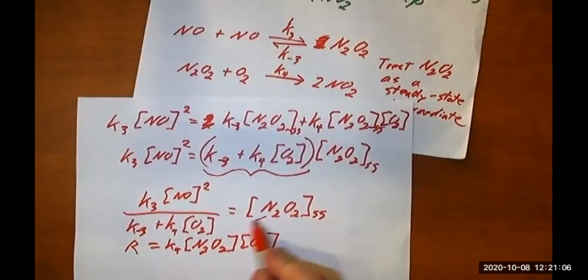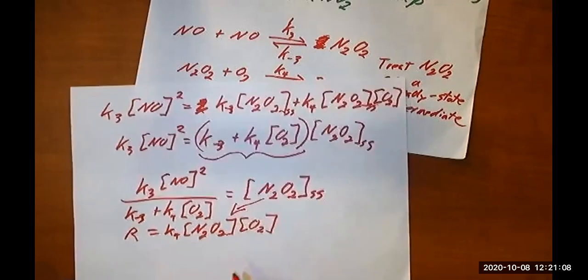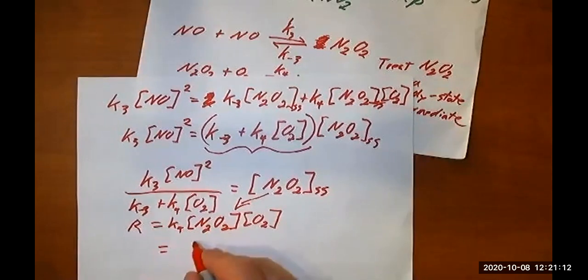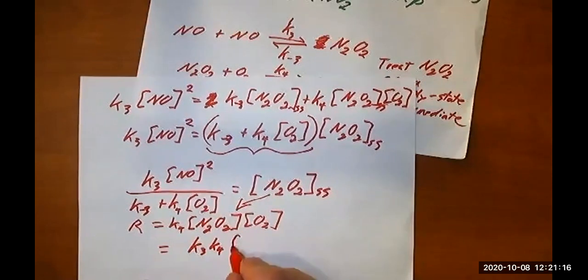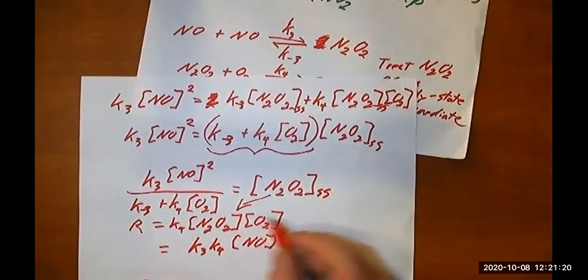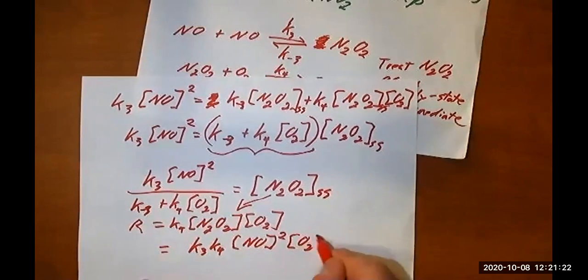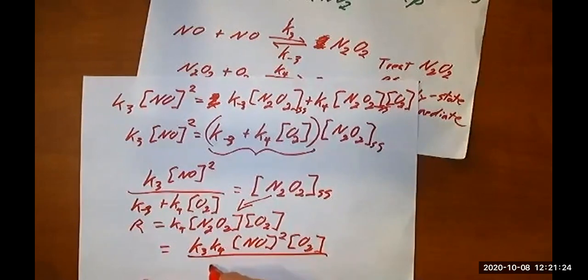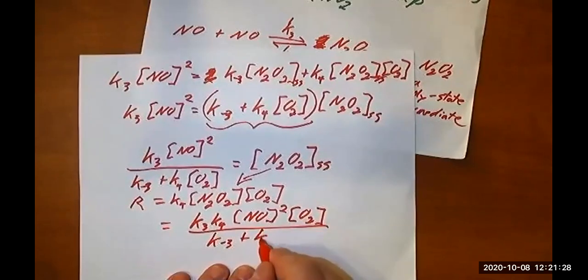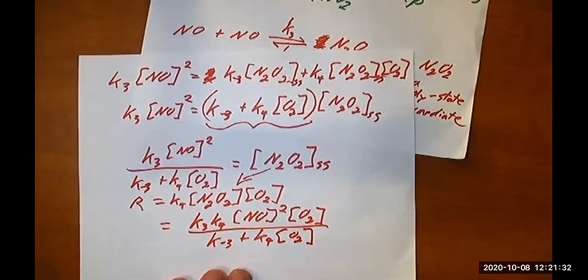And now we can plug this into here to find the predicted rate for the mechanism. So it's going to be k3 k4, NO squared O2 over k minus 3 plus k4 concentration O2. Okay.